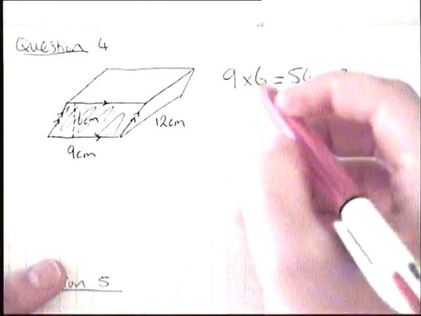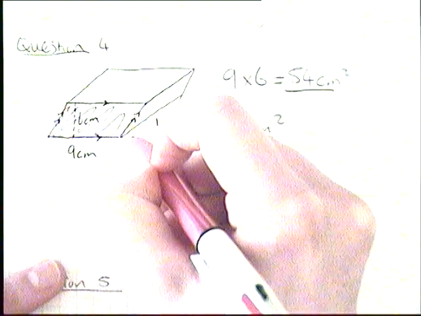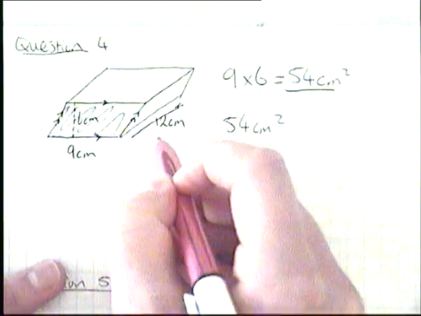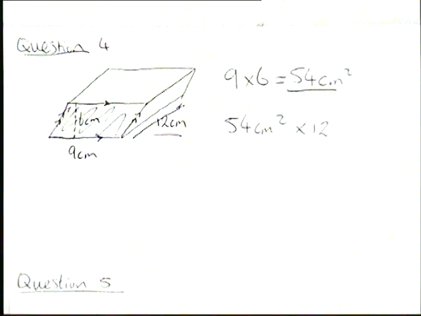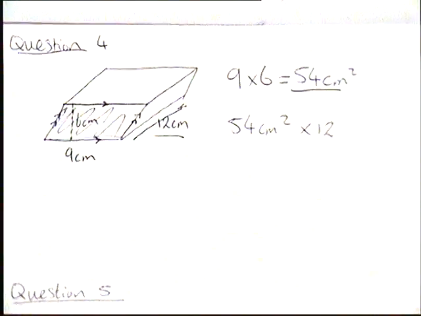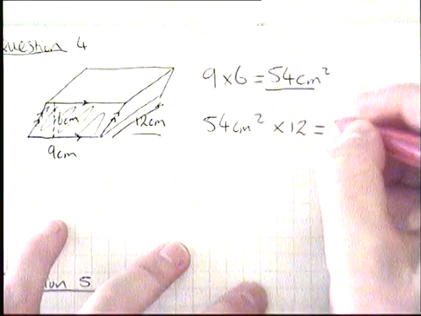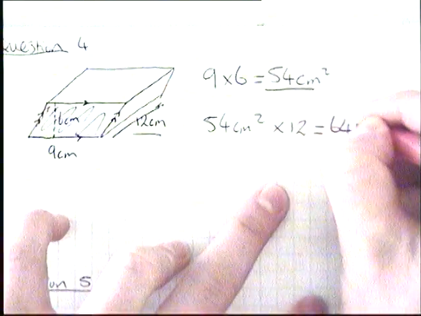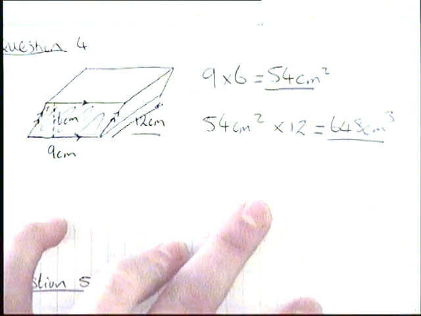And then we're going to times the area of our cross section by the length of our prism, which is 12 centimeters. So times 12, and 54 times 12 leaves us with 648 centimeters cubed.